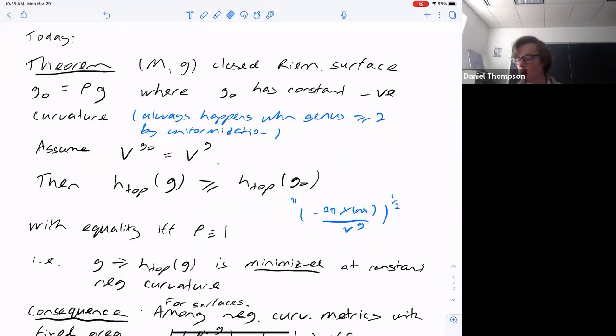Anyway, in this setting, we're going to have some patches of more negative than average, some patches of less negative than average, and somehow we're going to see geodesics spreading apart faster in the more negative than average regions.